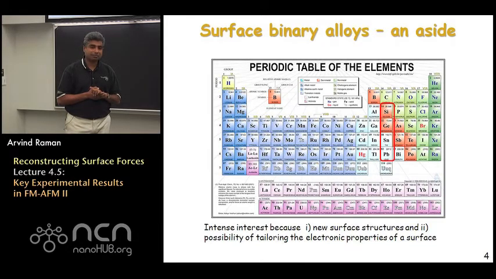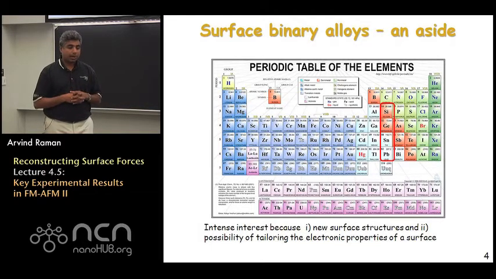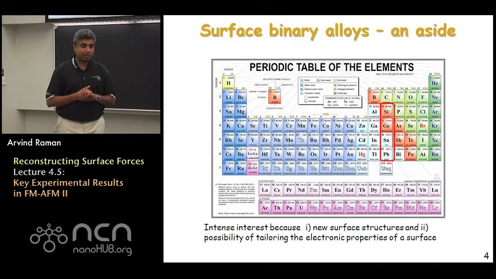has in the recent, let's say, decade, been a very interesting, intense field of research. Why it's interesting is that if one looks at, for example, the electronic properties of silicon, there's not much one can do about it.